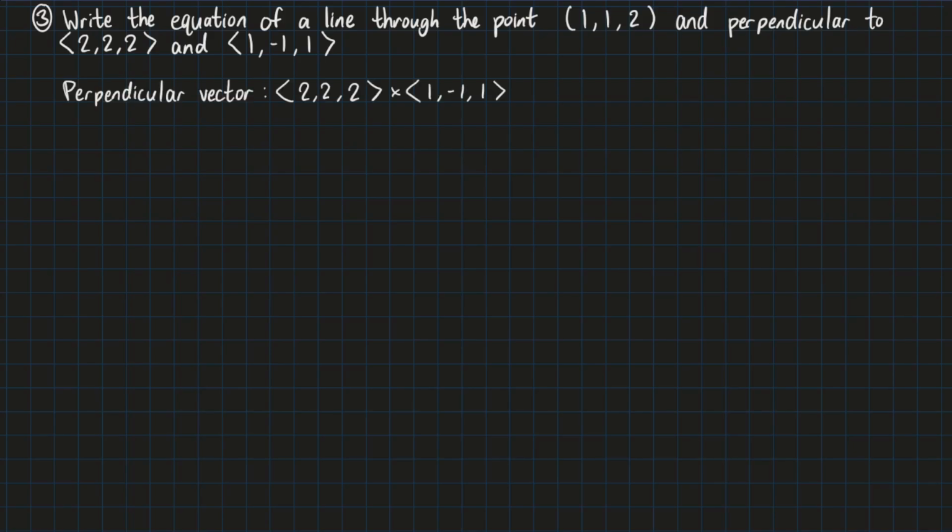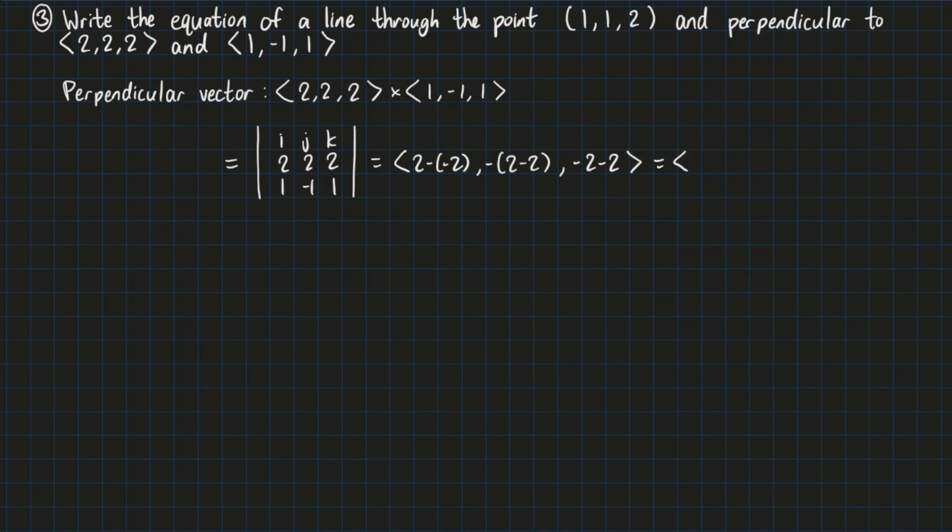From the previous video, we can use a 3x3 determinant to find the cross product of those two vectors. Again, multiplying the diagonals, we have 2 minus a -2, and then -2 minus 2, and then 2, -2 minus 2.